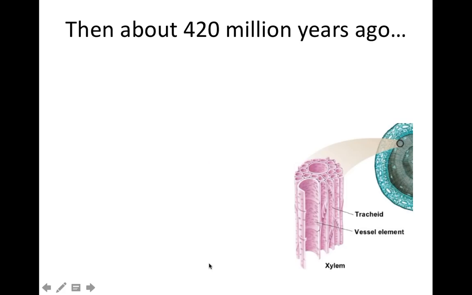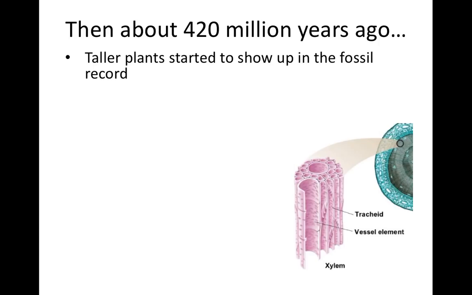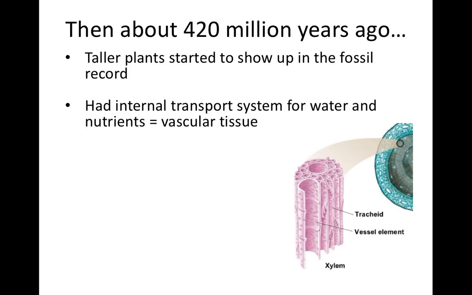Then about 420 million years ago, in the fossil record, we start to see evidence of taller plants. If we zoom in and look at their fossil tissues, we can see special cells start to show up. These special cells create an internal transport system for things like water and dissolved nutrients to travel further away from ground level.